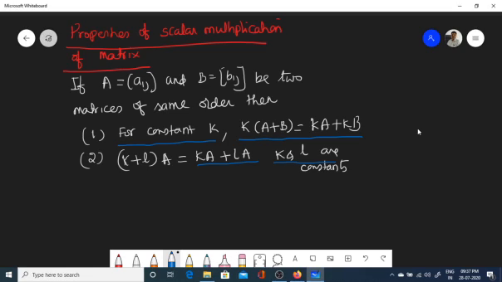These two properties can be proved just by taking the definition of a matrix, taking A is equal to Aij, B is equal to matrix Bij.